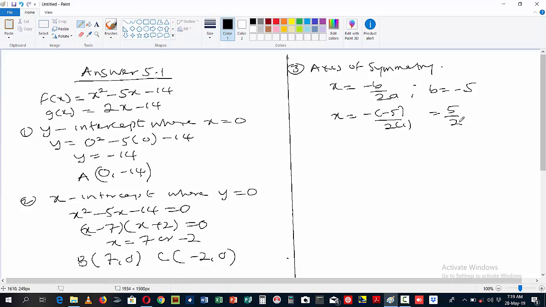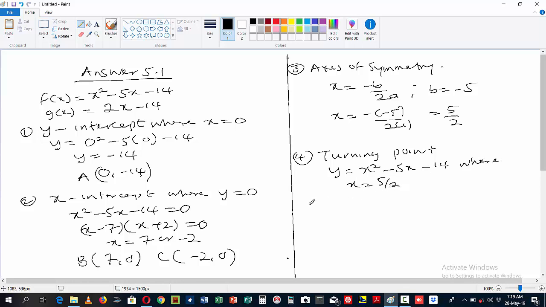We need to substitute into the original equation now. That will be step 4, the turning point, which is y equal to x squared minus 5x minus 14, where x is equal to 5 over 2, which is our axis of symmetry.